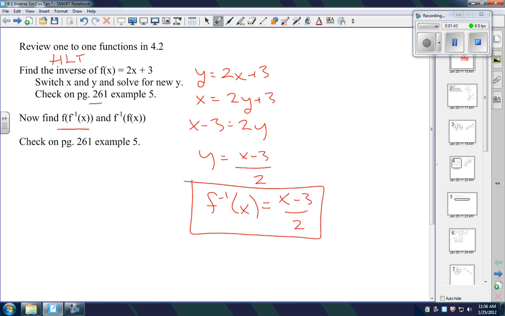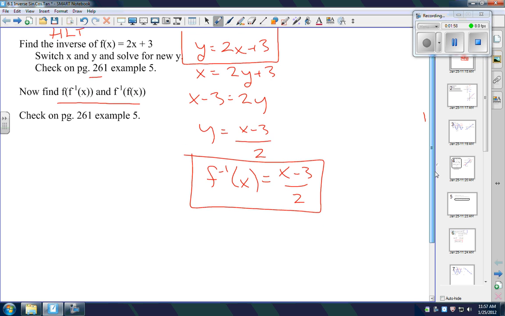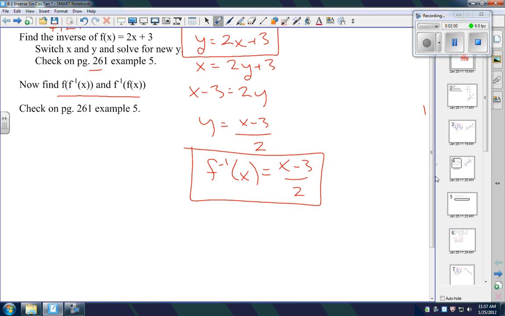What we want to do is quickly go through composing these two guys together again. So here's our original, and there's our inverse, and we want to show what happens when we compose them. I'm just going to do one way, because if you'll remember, when you do it both ways, you get the same thing. So I'm going to do f of inverse of x.